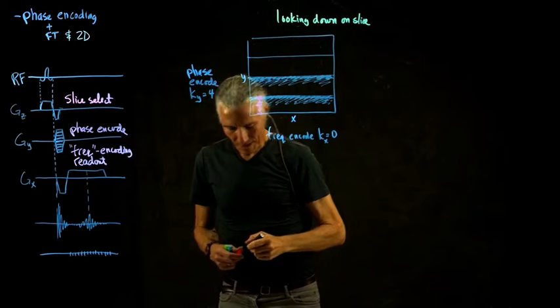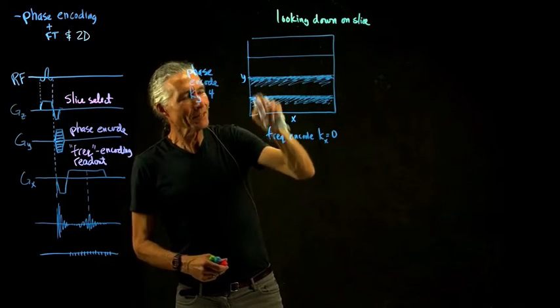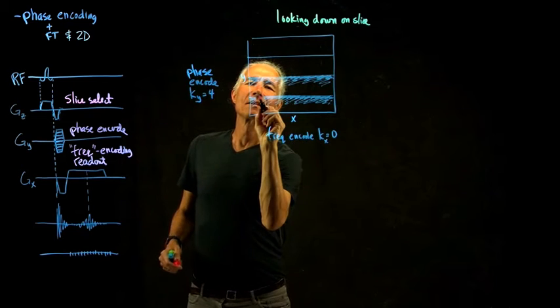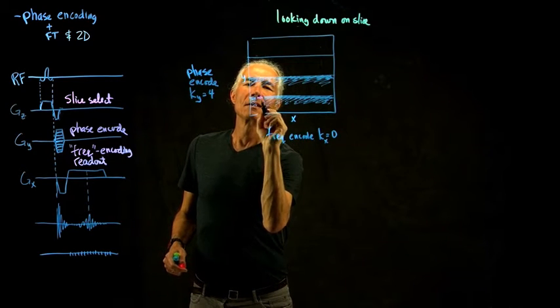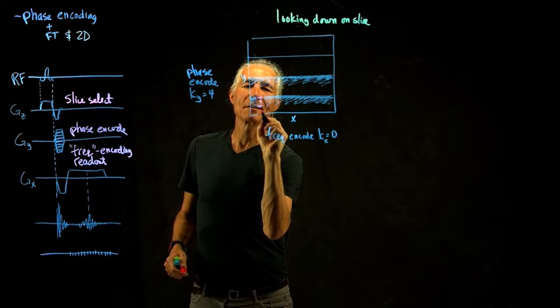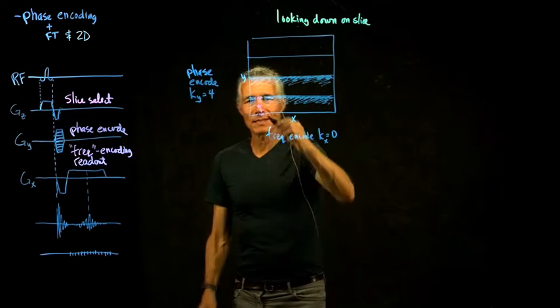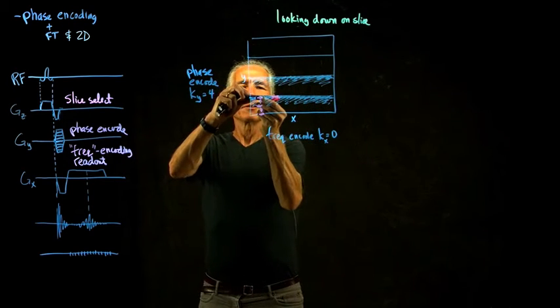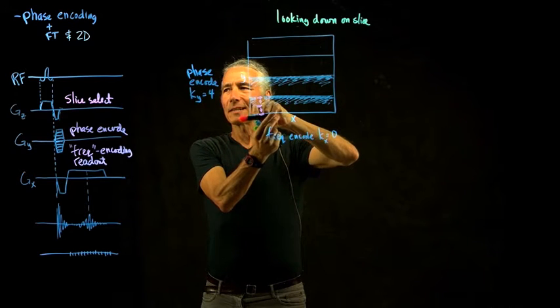Oh, did I do it backwards? Okay, so we start off at 0, and then we're going positive. Maybe I did it right. Now we're going that way, now we're back that way. So as you go through, you're going in that direction.